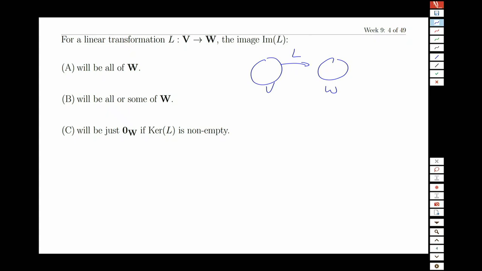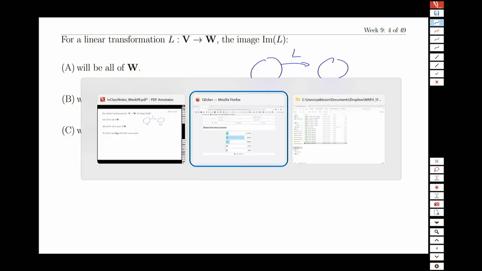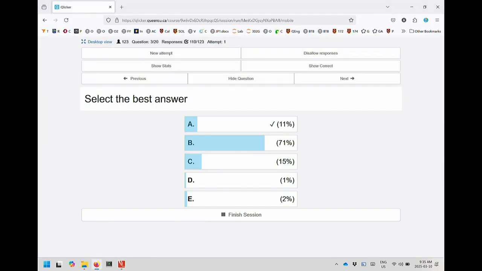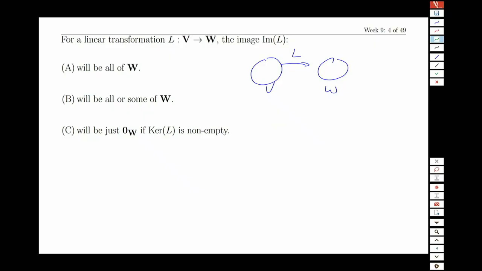All right, not too shabby. We're looking strongly at B, and that is correct. Again, just like that diagram on the last page, it can be some of W, it can be all of W. We don't know. It depends on the individual function and the input and output spaces, but it's going to be something about the output space.